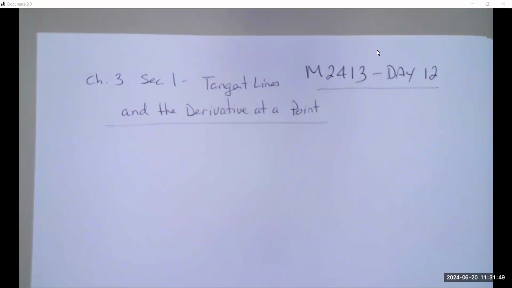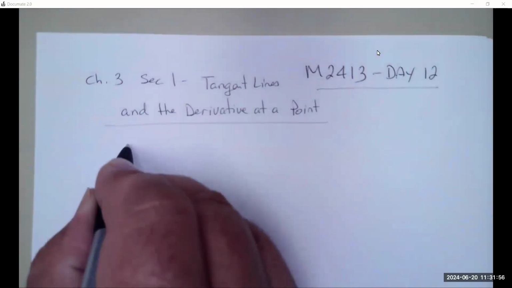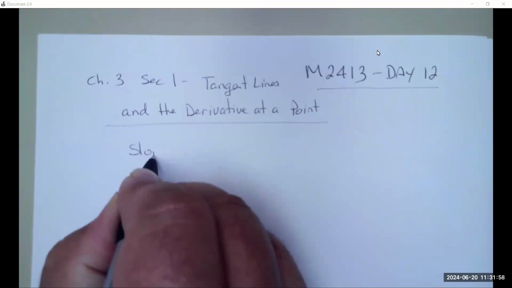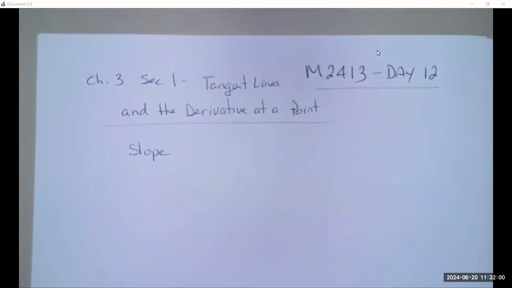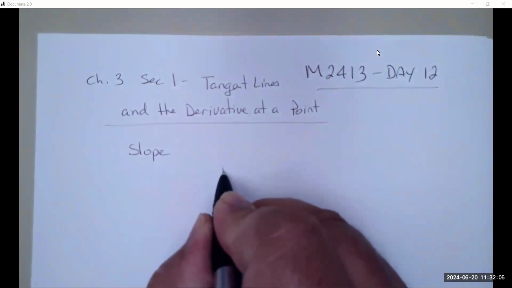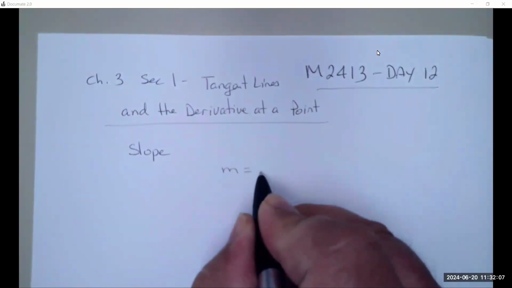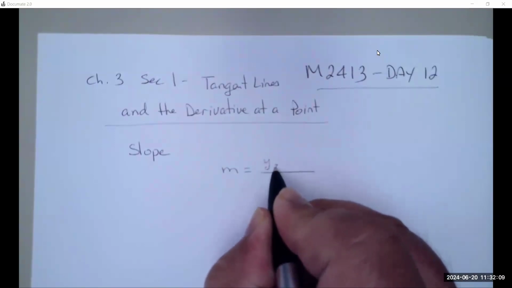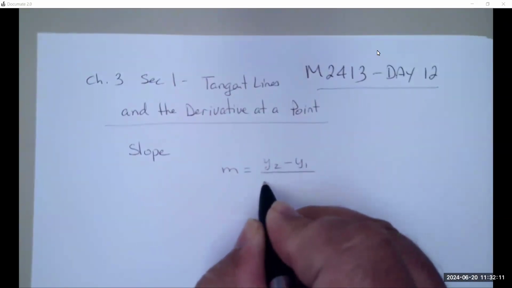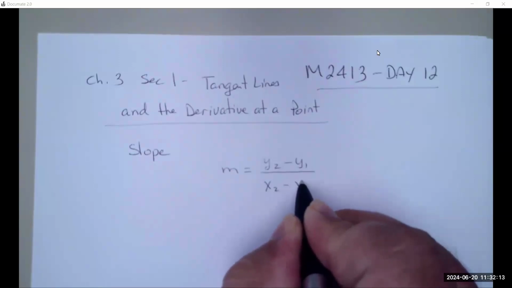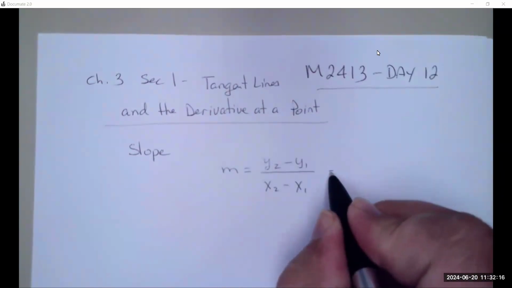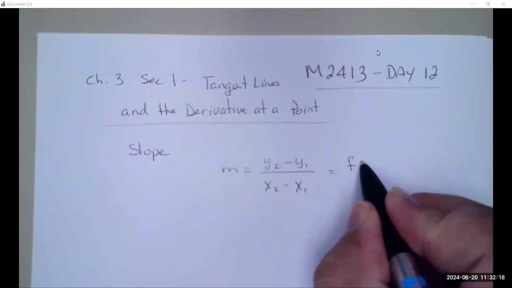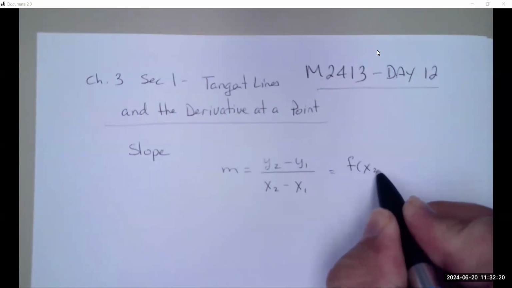Because if you look at most of the stuff that we've been dealing with since day 1, it has been the slope. We went from the algebraic definition to the function definition.